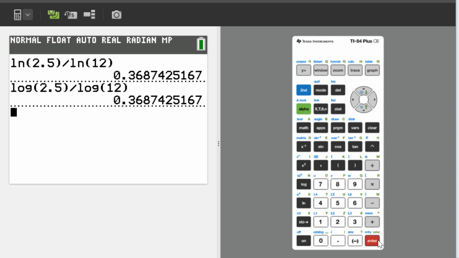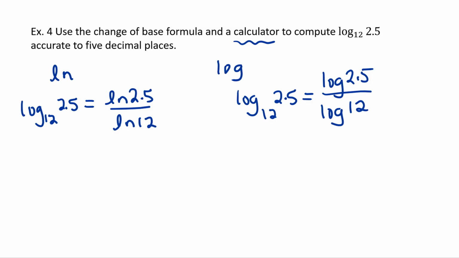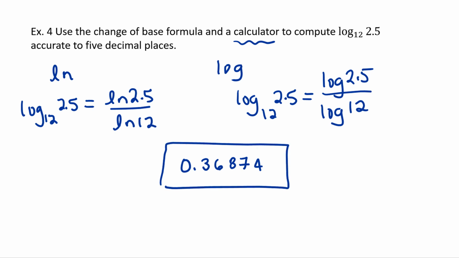Let's observe that we got exactly the same value whether we used a natural log or the common log. So the answer accurate to 5 decimal places is 0.3687. The digit following 4 is 2, so it does not round up.